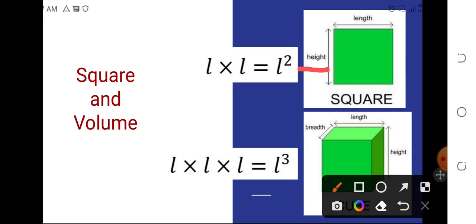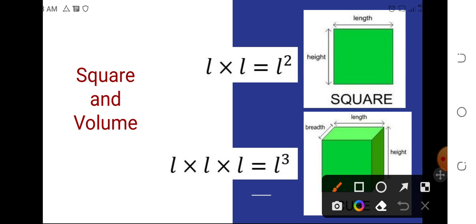This one length and this one length. These are the two dimensions. If we multiply these two dimensions, we can easily find the area of the square, a rectangle or a parallelogram. By multiplying two dimensions, we can find the area.